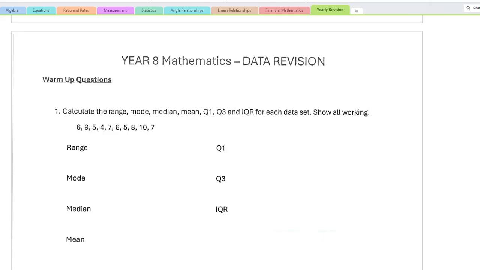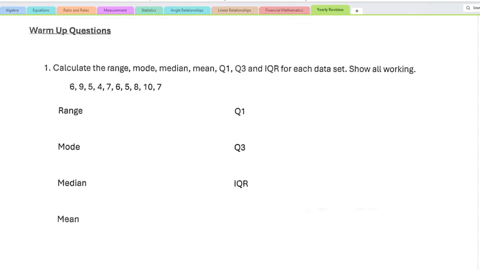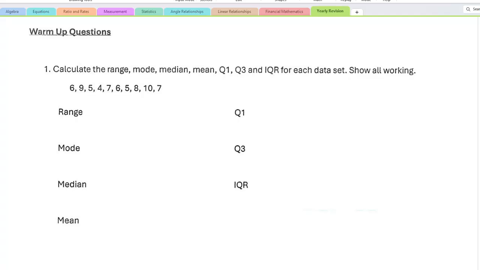This question number 1 wants us to find from this set of data range, mode, median and so on. So here is my set of numbers. Before I find anything, it'll be easiest if I put those numbers in order from smallest to largest. So the smallest number in that list is 4.